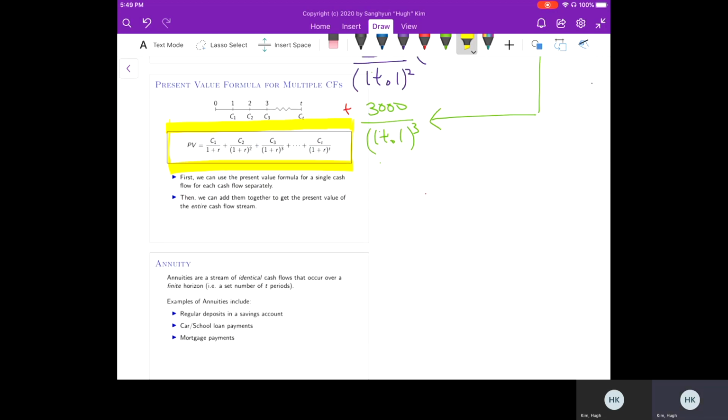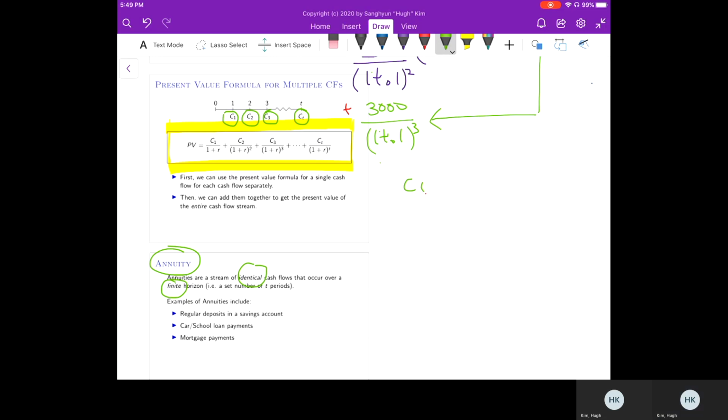So we're going to look at annuities in this lecture. Annuities are a stream of identical cash flows that occur over a finite horizon. So the two keywords here are identical and finite horizon. Okay. So these cash flows, C1, C2, C3, all the way to CT, are all identical.